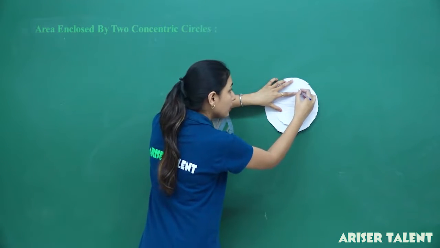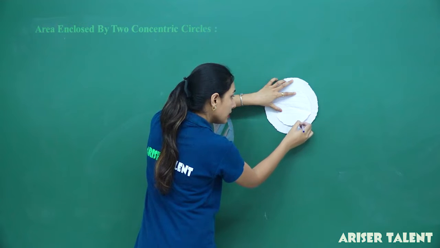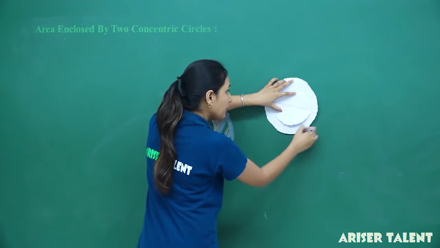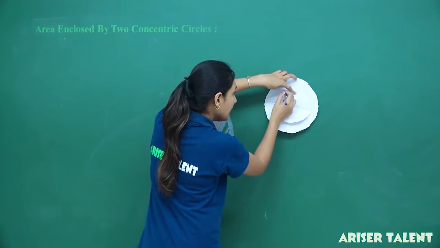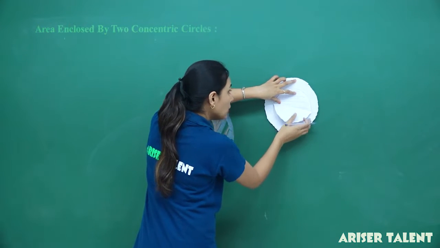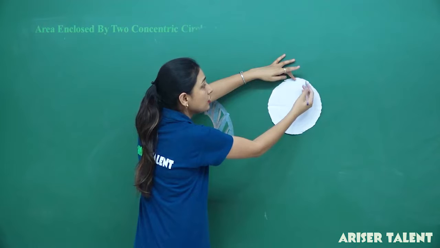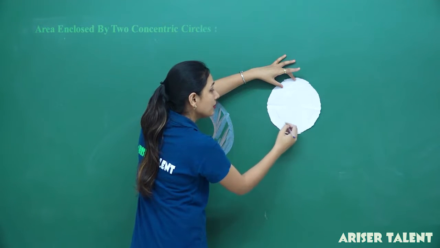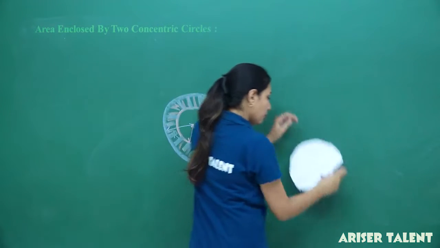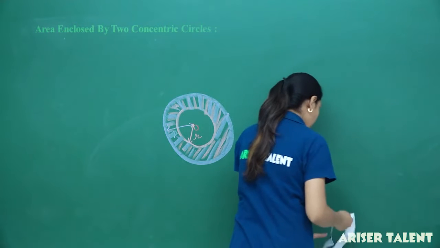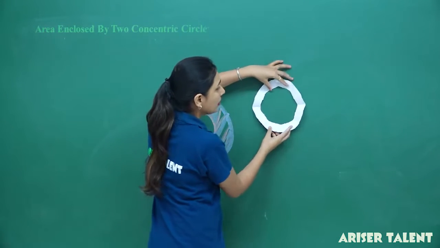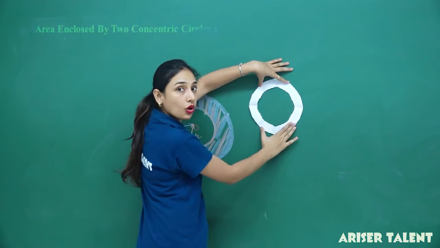Now, what is the area enclosed by these two circles? This is the first circumference and this is the second circumference. So, when I am talking about the area enclosed by two circles, it is this shaded portion. If you cut this portion, it will be like this. Okay, students.